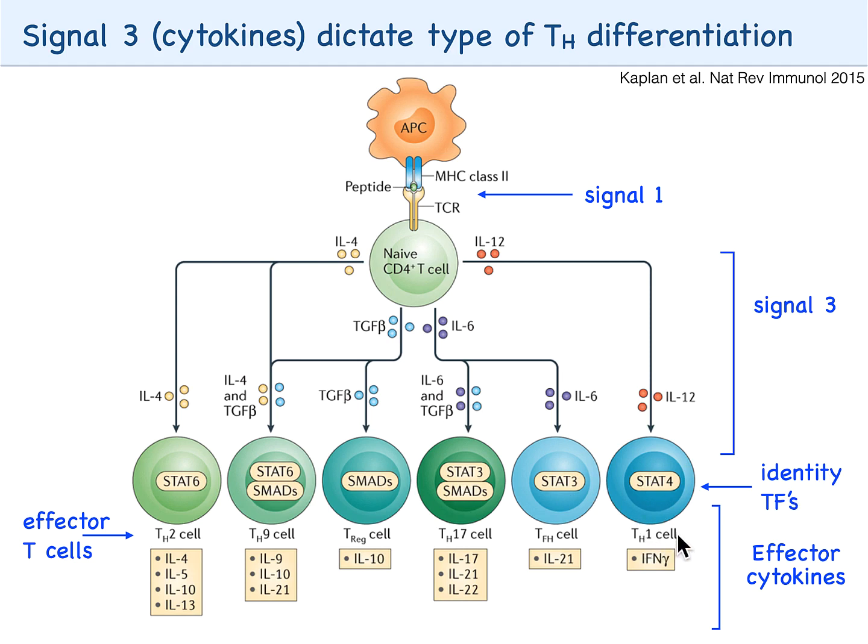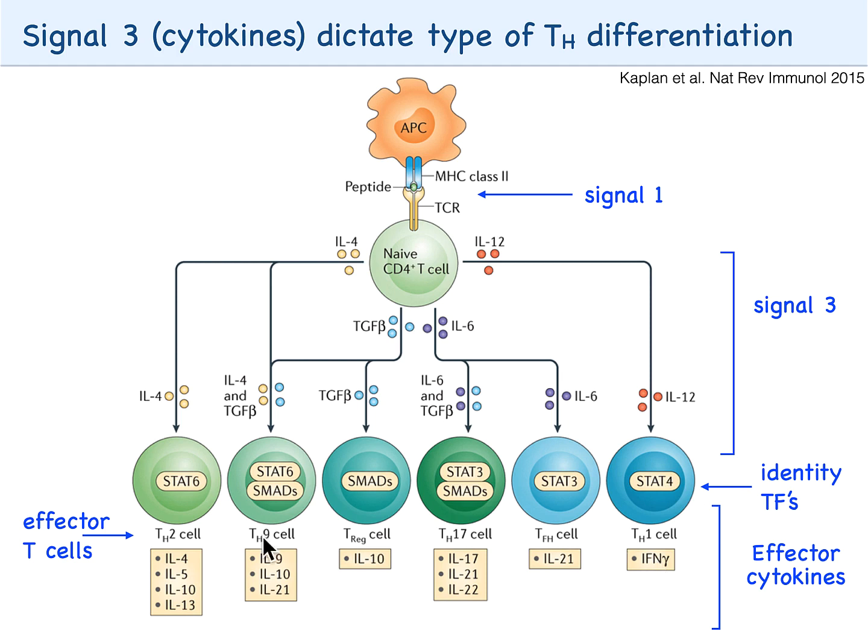So for instance, a Th1 cell will be generated by a signal 3 of IL-12, and will have the identity of STAT4. So STAT4 will be very important for this cell to become Th1, and this is very important for production of interferon gamma.